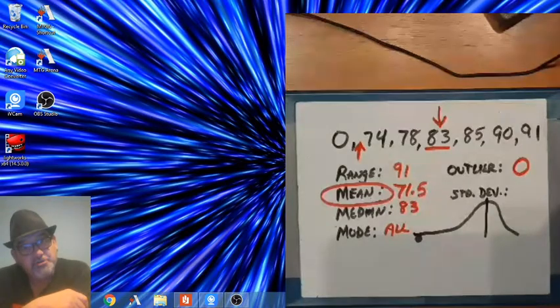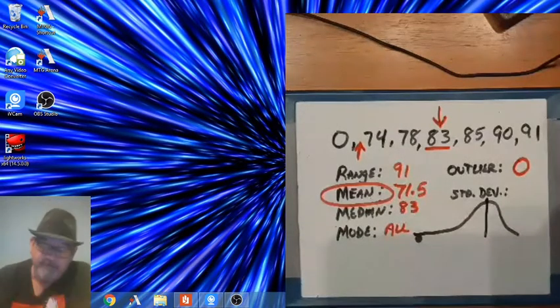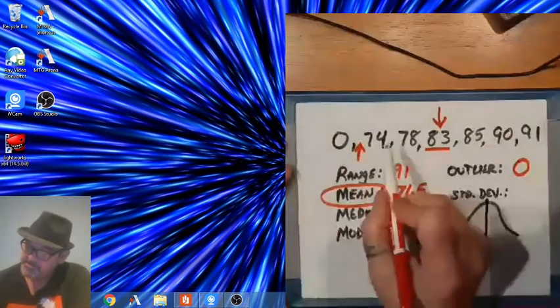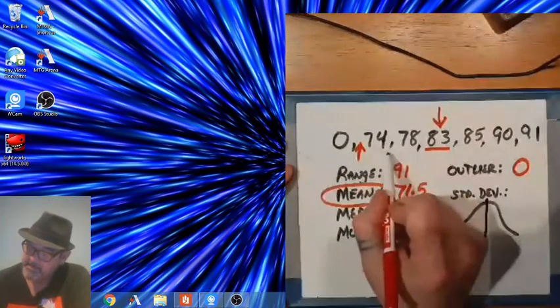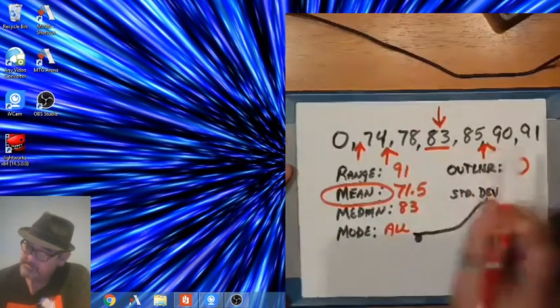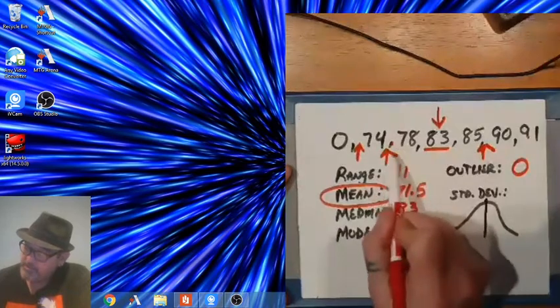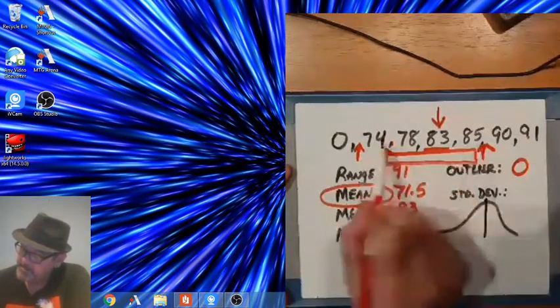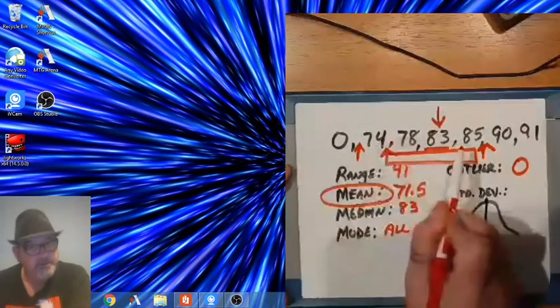Would it affect the interquartile range? No. If you were doing a box and whisker plot, it would not affect the interquartile range, because Q1 is still going to be in the same space, which would be right about here, and Q3 would be in the same space, which is right about here. So if we were to do a box and whisker, our box would be right here, kind of encompassing these values here in the middle.